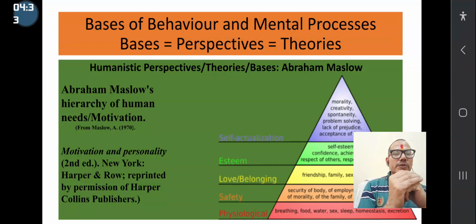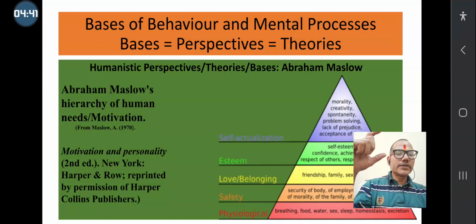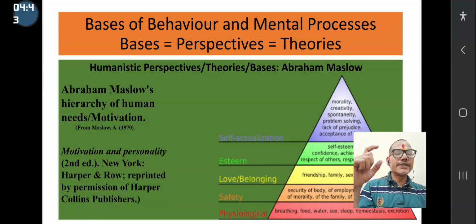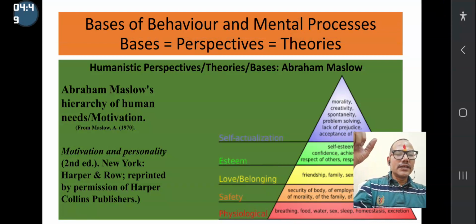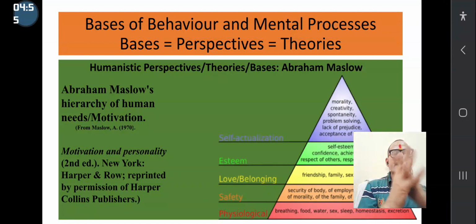Abraham Maslow says if the first 4 needs are adequately satisfied, then we can go further to satisfy the other 4 needs of cognition, aesthetic, transcendental and growth. So the first 4 needs are basically the cause of the behavior and mental processes.